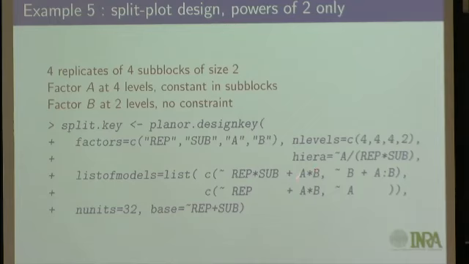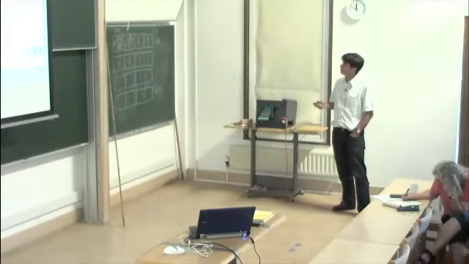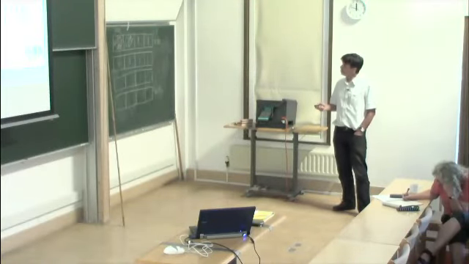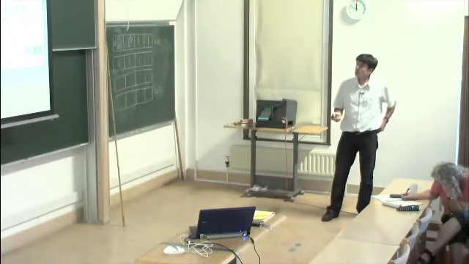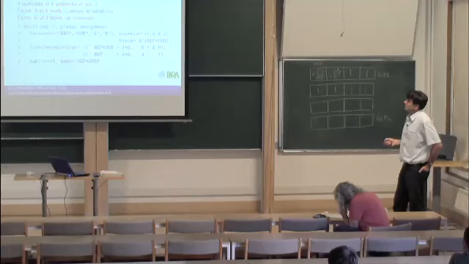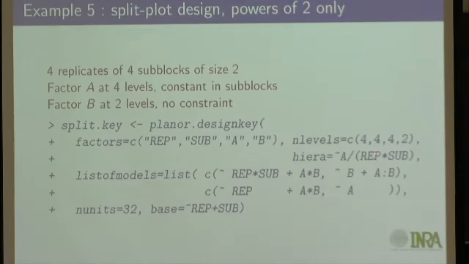It's called INRA, like hierarchy, and it specifies, it's a proper syntax, a way to specify that A cannot vary within the combinations of levels of rep and sub. So this is one combination of levels of rep and sub, so all the 2 plots which are inside must have the same level of A. So this is the first way to specify the specificities of the split plot.